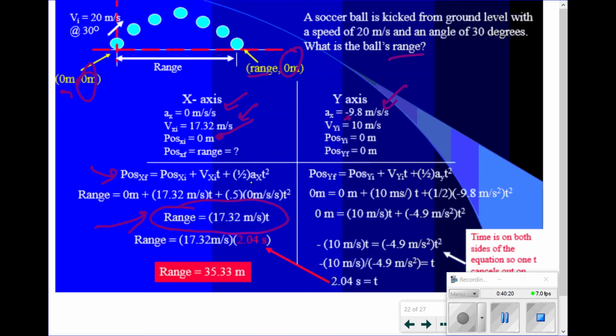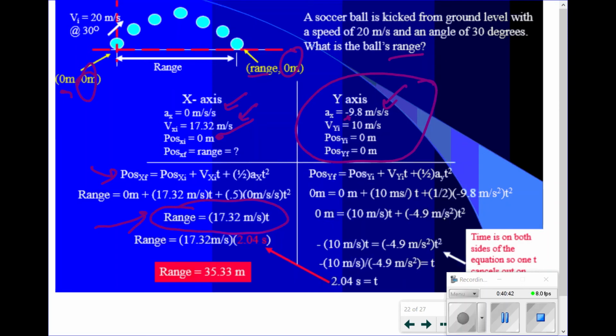So just like every other situation, I'm going to look at the other side of my axis, where I will use the y side. In this case, my algebra is a little bit more involved. I have 0 equals 10t plus negative 4.9t squared.